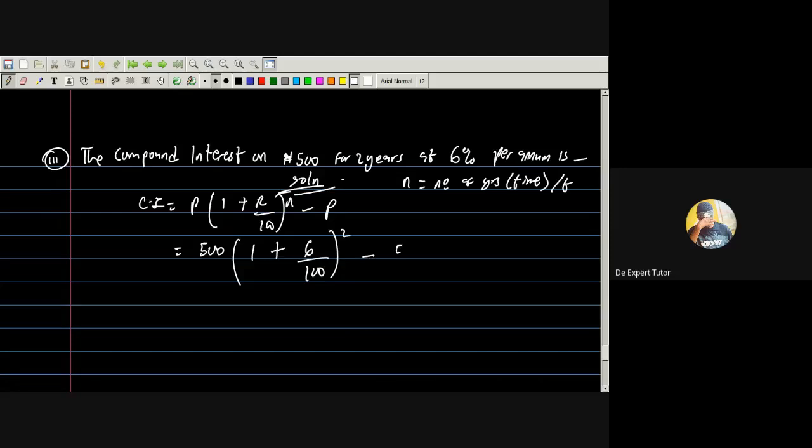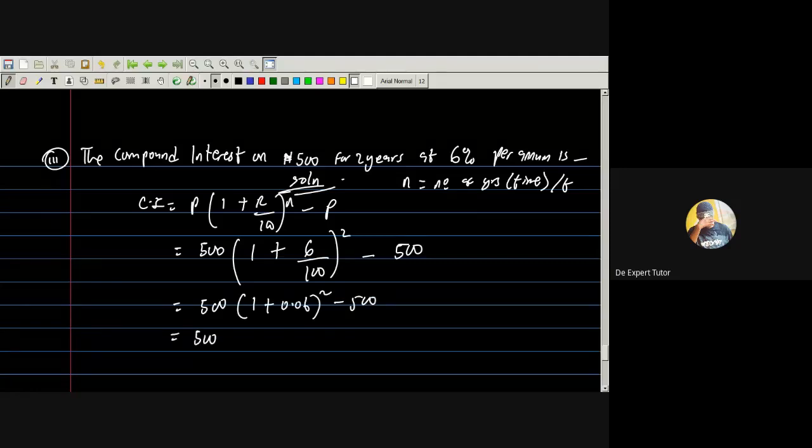Then minus 500, which is my principal. This will give me 500(1 + 0.06)^2 minus 500. That's 500(1.06)^2 minus 500. So I have 500 times 1.06 all squared.